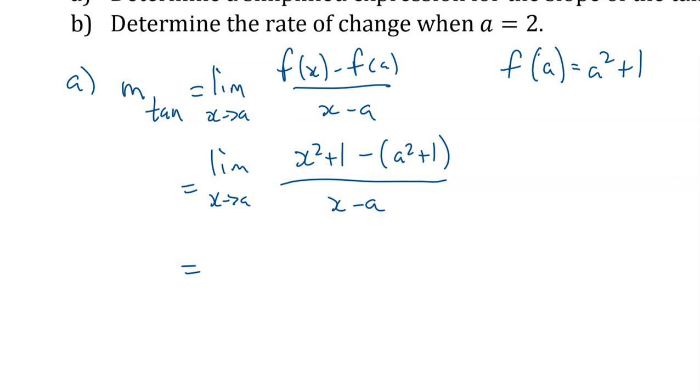Is everybody with me okay? So when the instructions are determine a simplified expression for the difference quotient or for the slope of the tangent, you have to leave it as a.